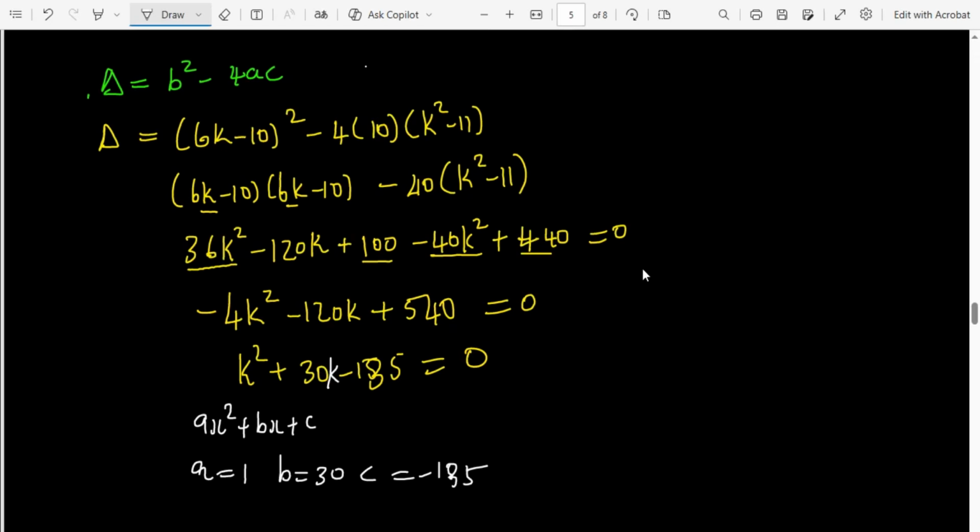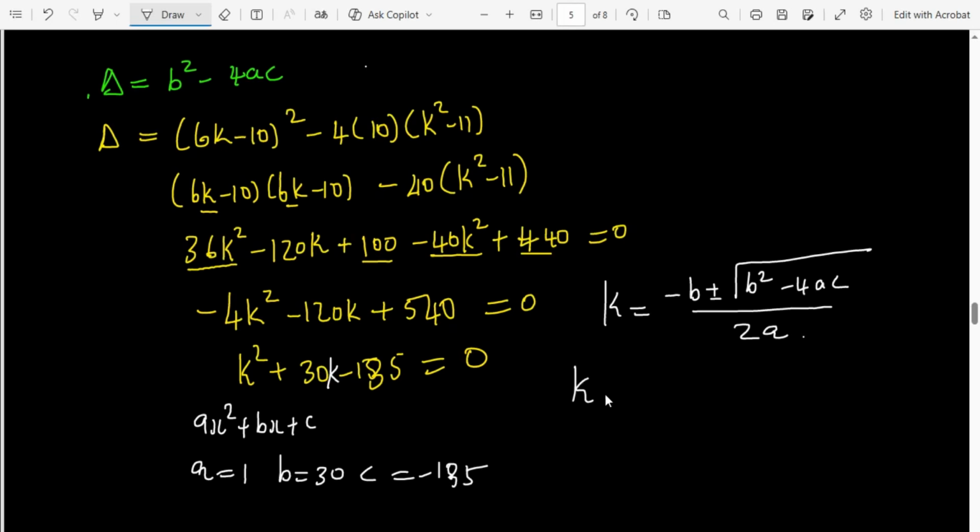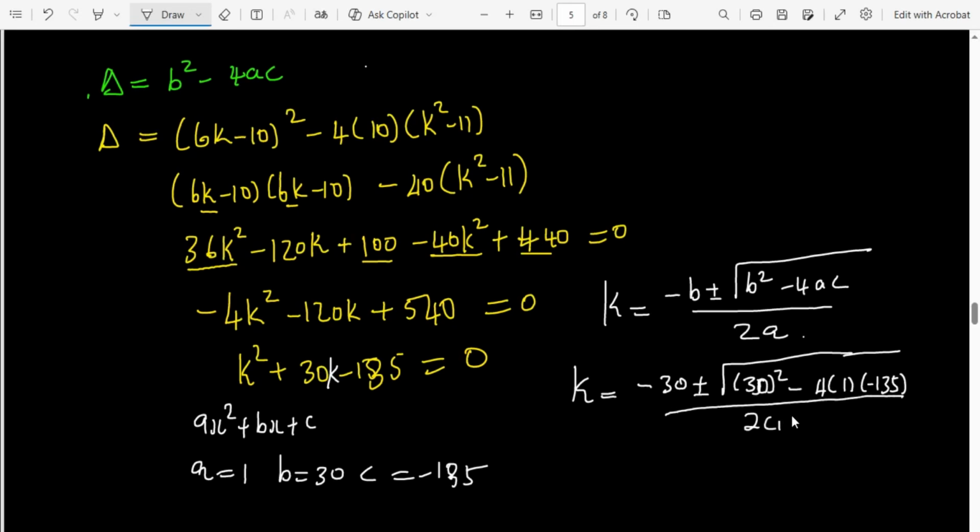So if we keep on working on this, k equals minus b plus or minus the root of b squared minus 4ac and everything divided by 2a. So k will be equal to minus 30 plus or minus the root of 30 squared minus 4 into the value of a. What is the value of a? It's 1, and the value of c is minus 135. And everything divided by 2 into 1.